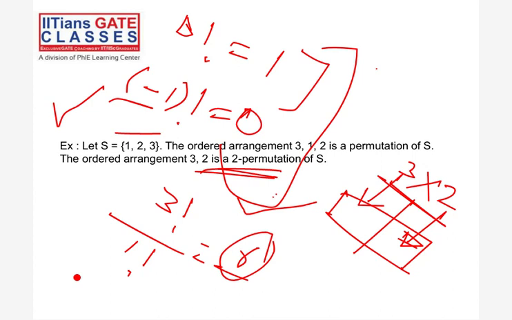But sometimes in more advanced applications and more complex problems, 0 factorial and minus 1 factorial also come up. So they have just assumed 0 factorial to be 1, and they have assumed the factorial of any negative number to be 0.